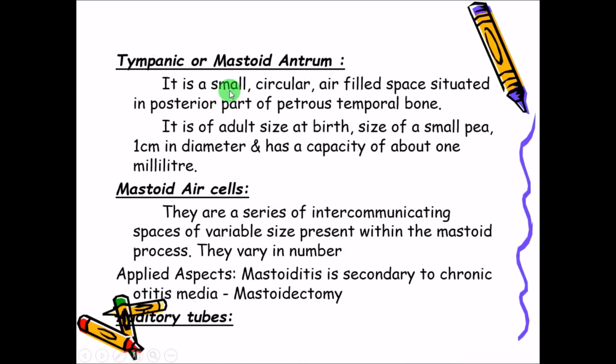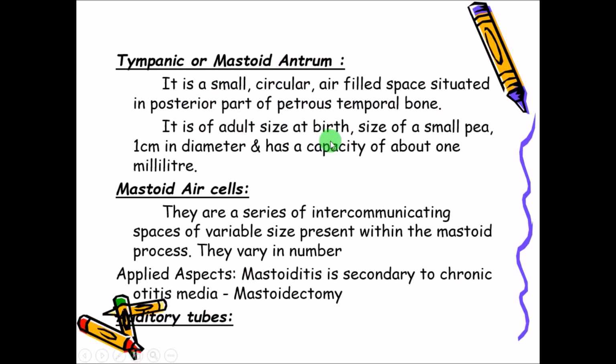So this is important. This is a small circular air-filled space situated in the posterior part of the temporal bone, the petrous part of the temporal bone. As I said before, it is already adult size at birth, just like the middle ear.